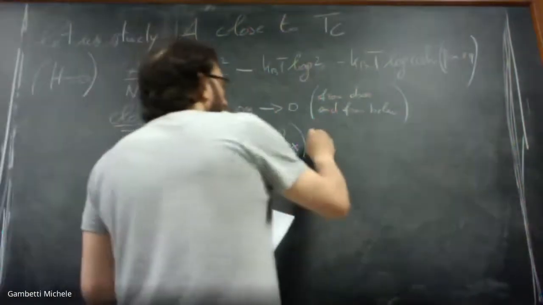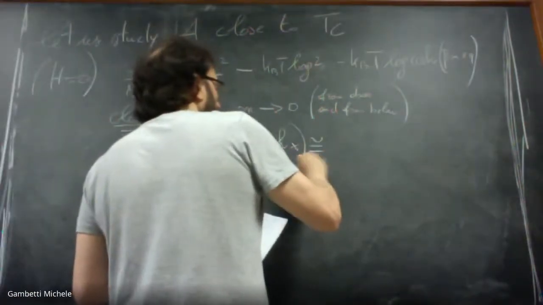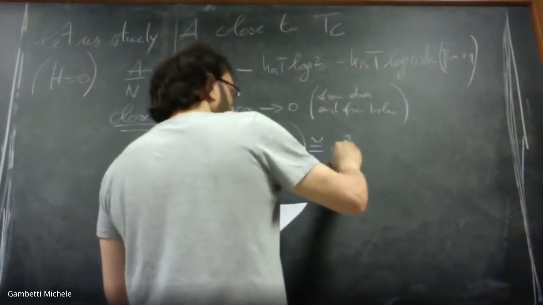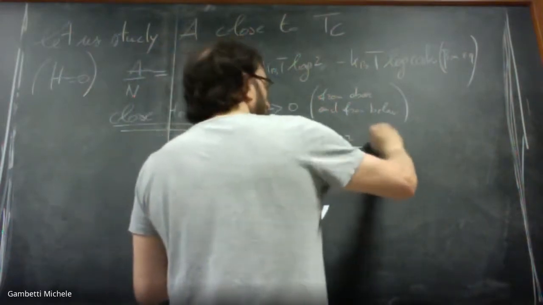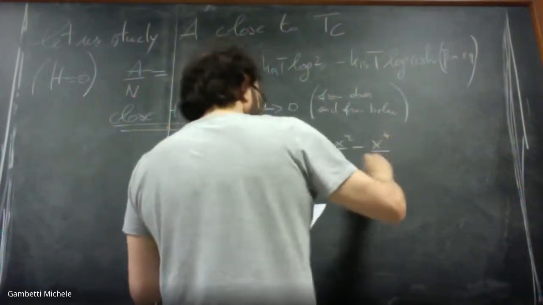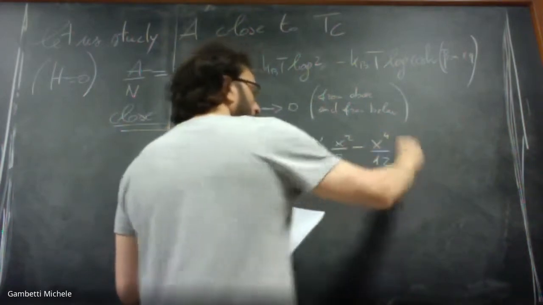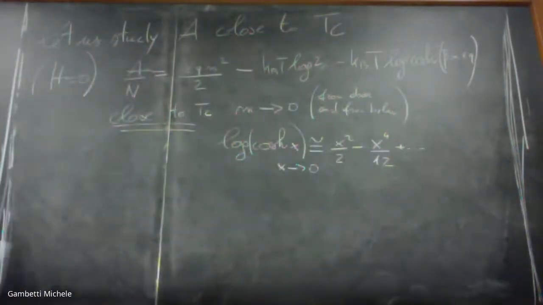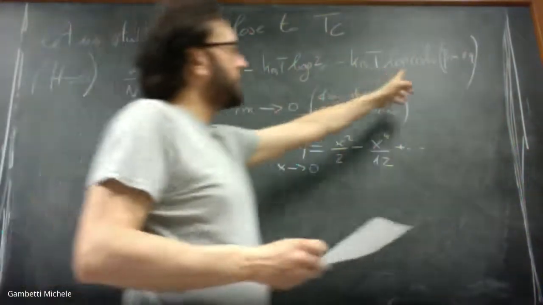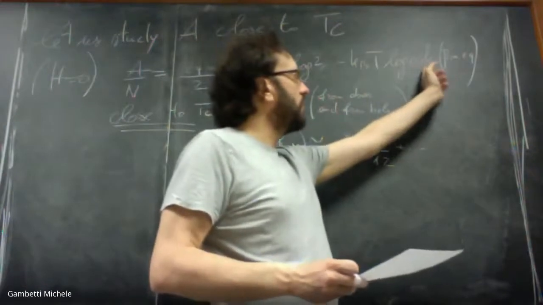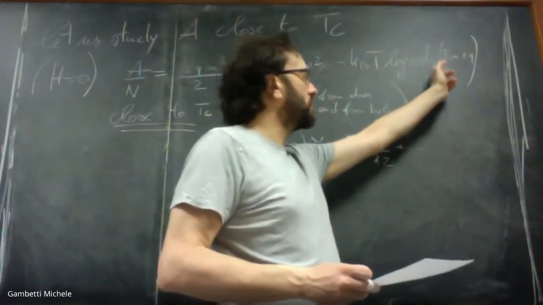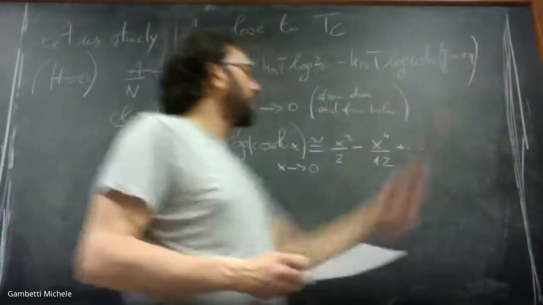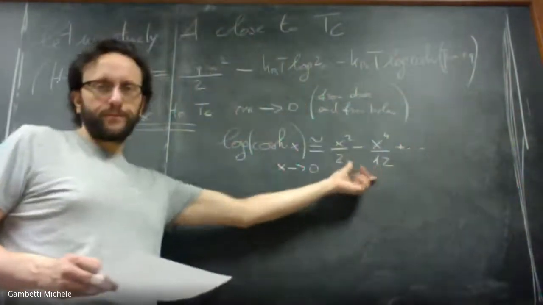So this is equal, for x small, to x squared divided by 2 minus x to the power of 4 divided by 12 plus and so on. So what I'm going to do now is to make a series expansion of this quantity, the log of the hyperbolic cosine, as a function close to m equal to 0, by using this.